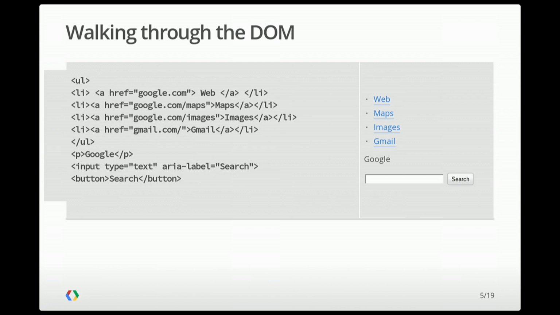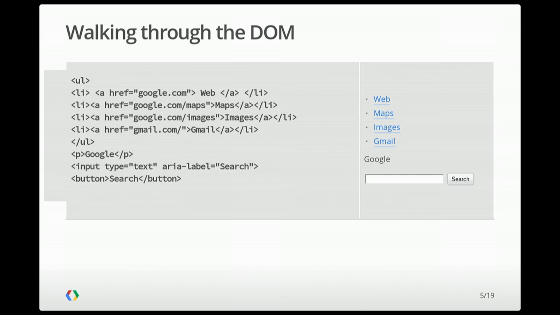So tonight, I'm going to give you a behind-the-scenes insider look at how ChromeVox works under the hood. As you can see above on the slide, to the left, you have a pretty innocent-looking piece of markup. It's pretty simple, an unordered list of links and an editable text, input type equals text, and a button.